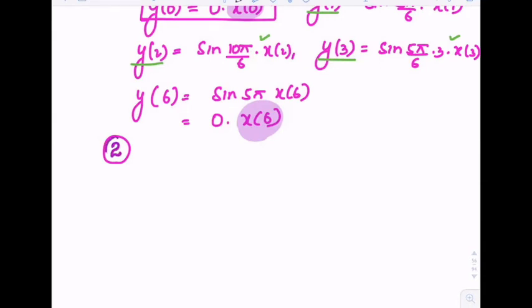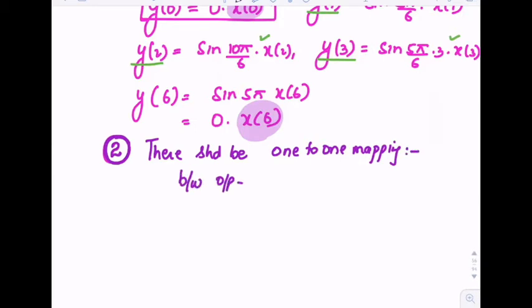The second thing that you can look at, another possibility of checking invertible and non-invertible, is that there should be one-to-one mapping between output and input. For example, let us say y(t) is equal to sin of x(t).